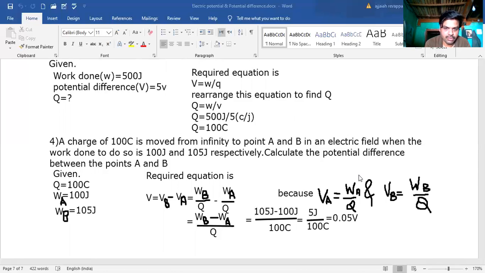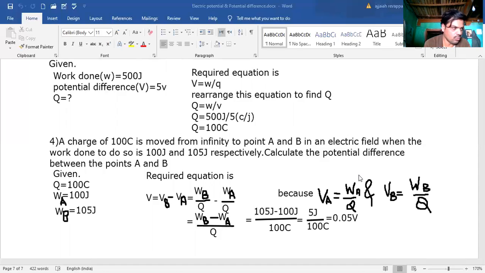Then we learned electric potential. What is electric potential? It is the amount of work done to move a unit charge from infinity to that point in the field against the direction of the electric field. Then we learned potential difference. It is the amount of work done to move a unit charge from one point to another point in the electric field against the direction of the electric field. Then we learned the SI unit of potential difference. It is volt.